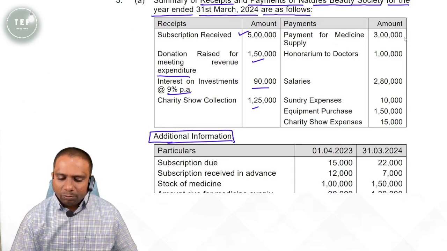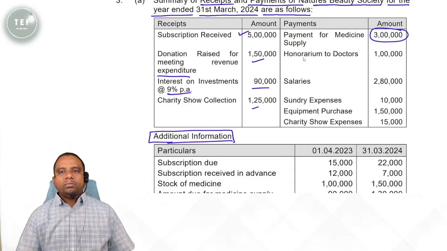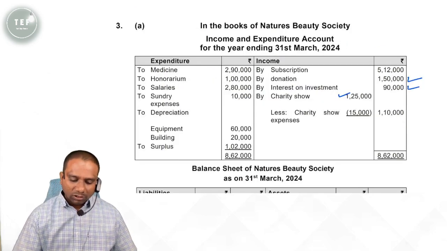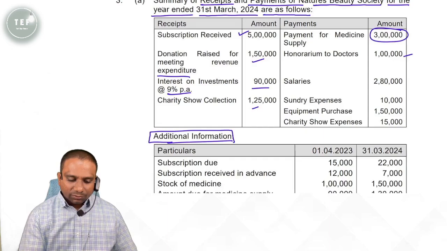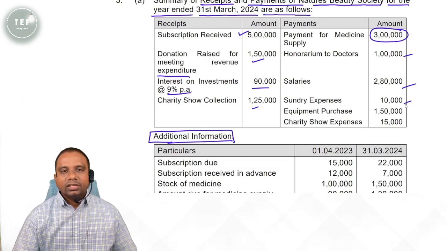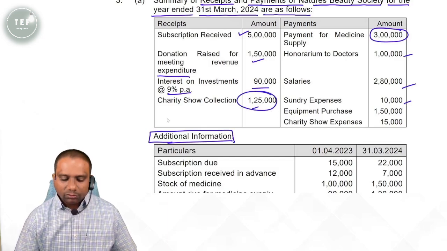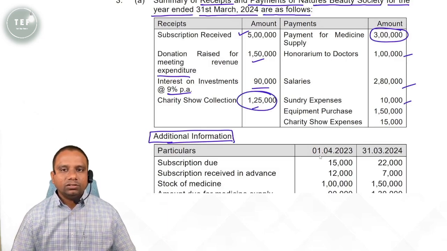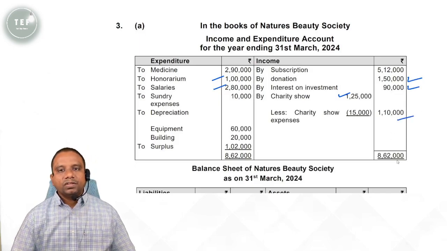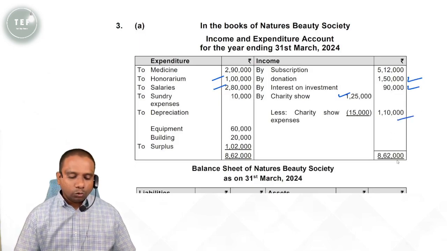Next one. Payment for medicine supply, wait. Next one. Honorarium to doctor, expense, so debit. Next one. Salaries, expense, debit. Next one. Charity show expenses. We received receipts of 1,25,000 minus expenses 10,000.